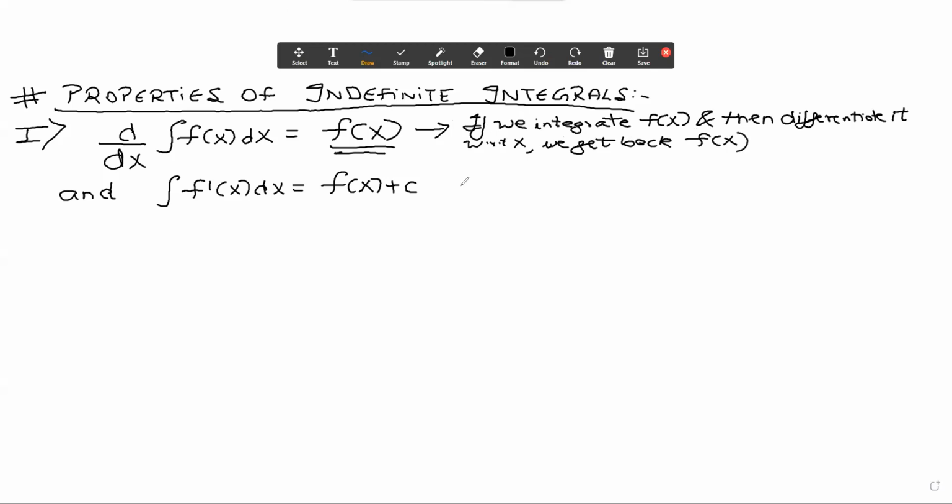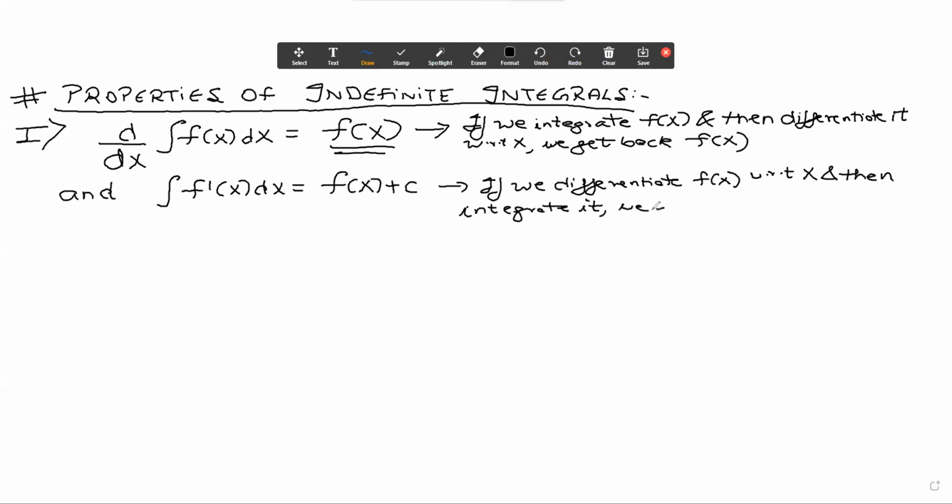And this means if we differentiate f of x with respect to x and then integrate it, we get back f of x plus c, which is the constant of integration.